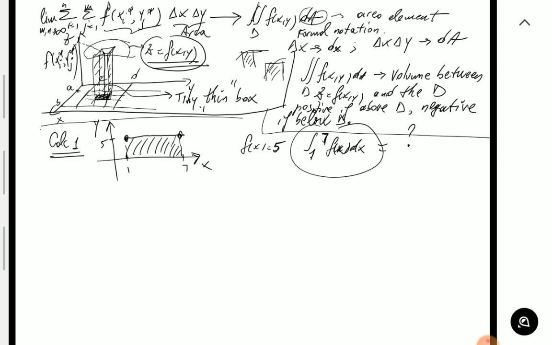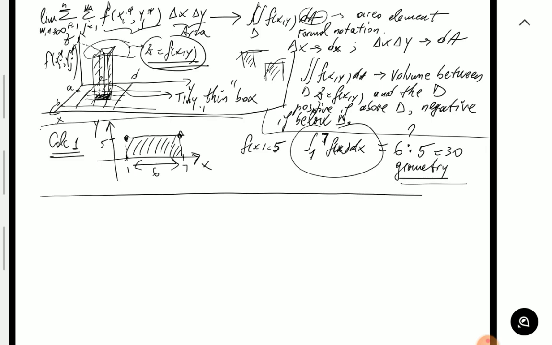So I can just use geometry. The area is going to be 7 minus 1, which is 6, the length of the base, times 5, the height, which is 30. So you can just use geometry to find the integral, because it so happens that it has a known geometric shape.